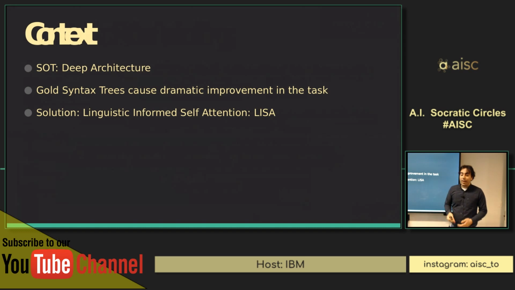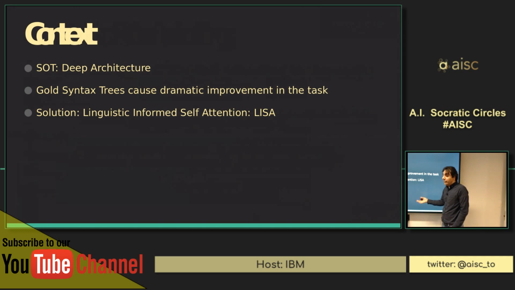What it means is that most of these, at least the recent ones, are deep architectures, so either LSTMs, RNNs, a variant of RNNs, or nowadays self-attention. It's been shown that for the older models, adding good syntactic trees, so informing the model about the actual syntax, whether gold or very well predicted by a parser, will substantially improve the performance of the model.